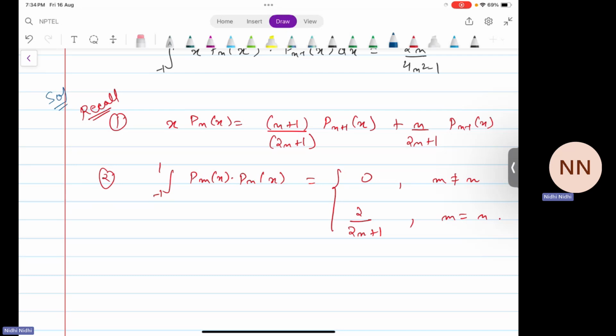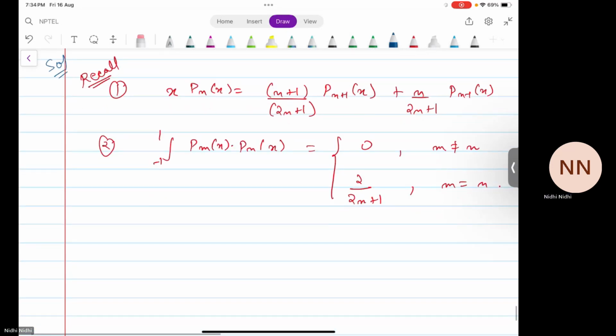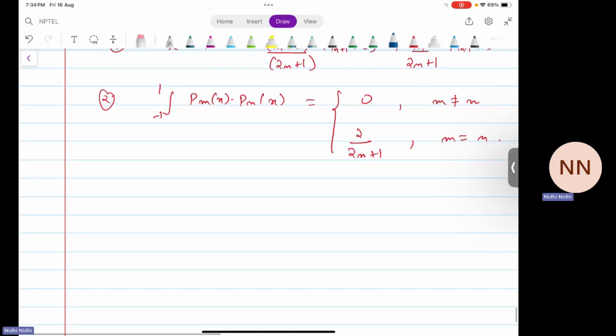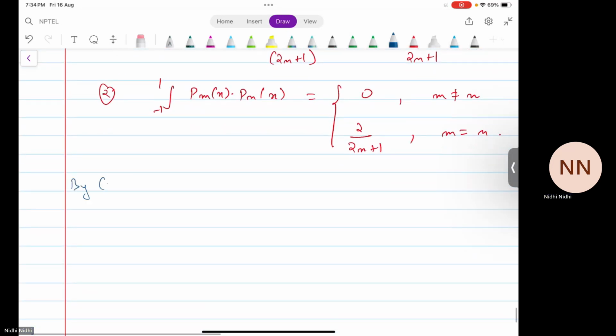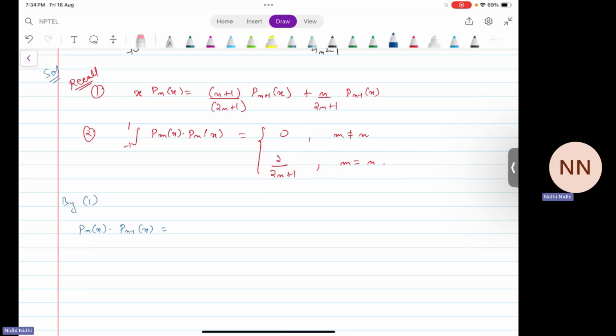So by the first result we have x Pn(x) times Pn-1(x) is equal to, I'll just multiply the right hand side by Pn-1, so we'll get (n+1)/(2n+1) times Pn+1(x) Pn-1(x) plus n/(2n+1) Pn-1(x) whole square.